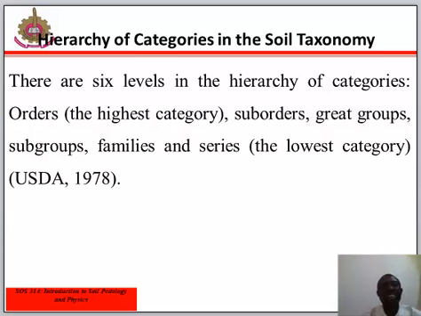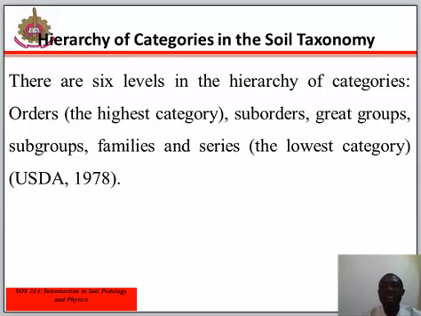And lastly, series. The soil series is the lowest category. It is a grouping of soil individuals on the basis of narrowly defined properties related to kind and arrangement of horizons, color, texture, structure, consistency, and reaction of horizons.